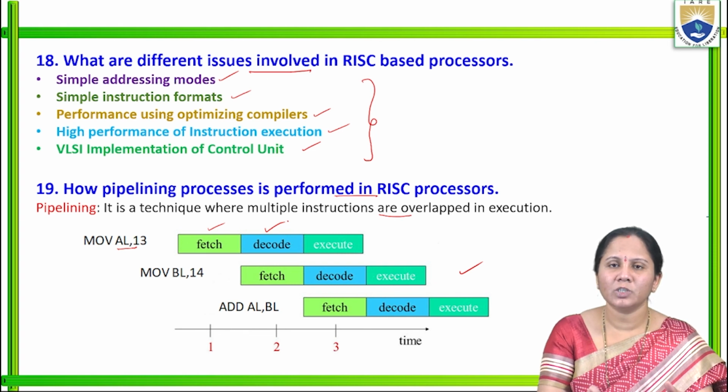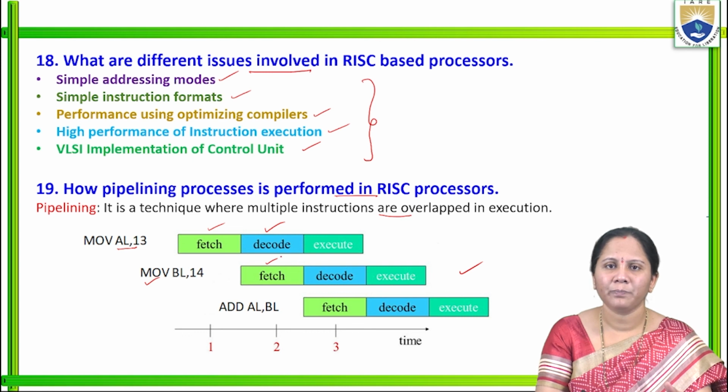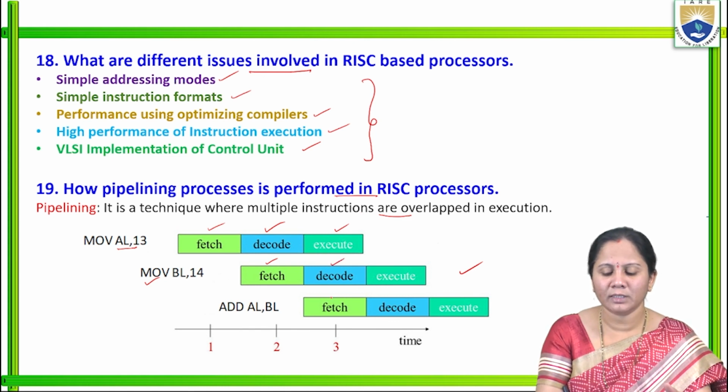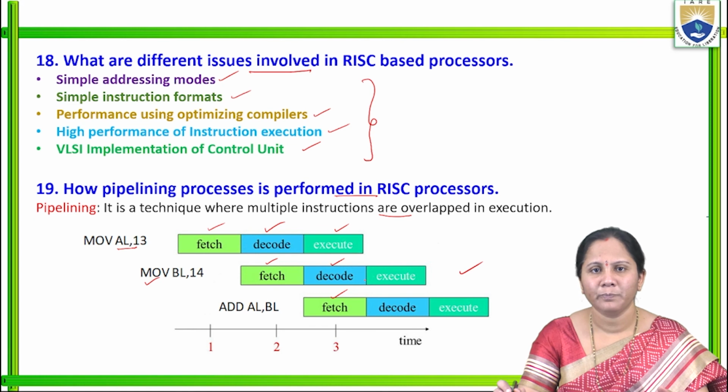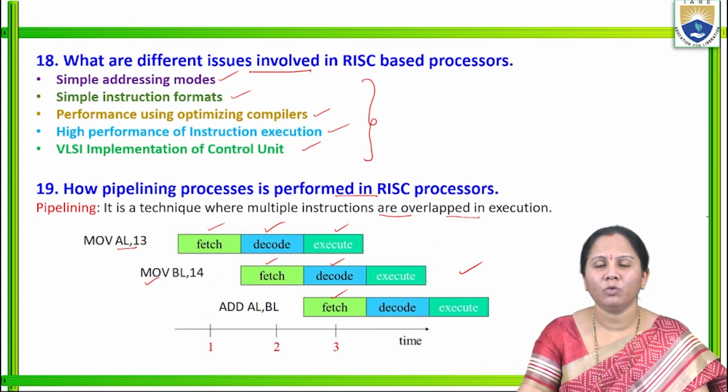When the first instruction is decoding, the second instruction can be fetched. And when the first instruction comes to execution, the second instruction can be decoded and the third instruction can be fetched. So this is what is called executing the instructions in an overlapped manner, which is called pipelining.